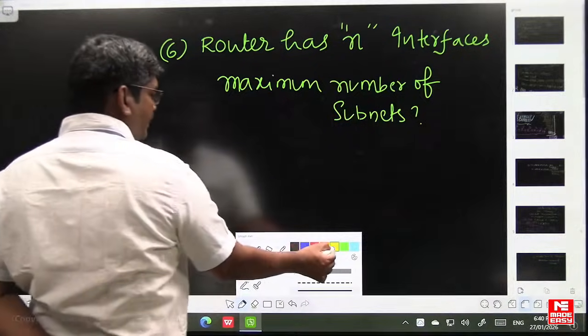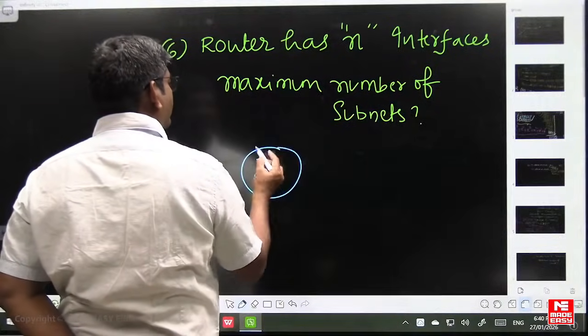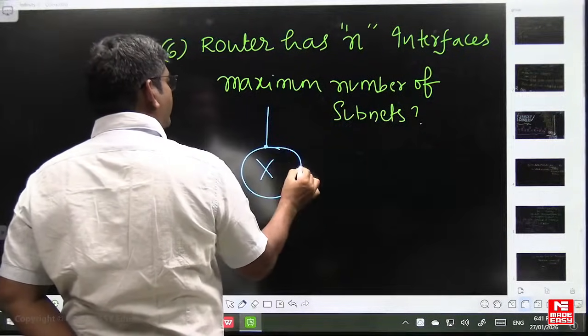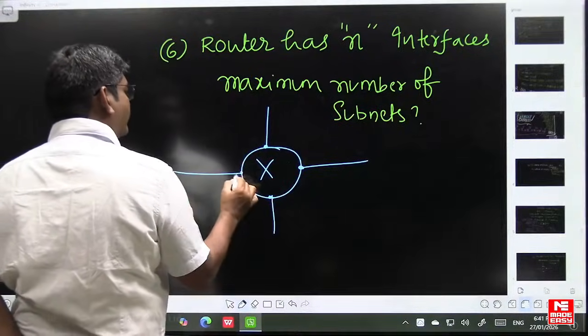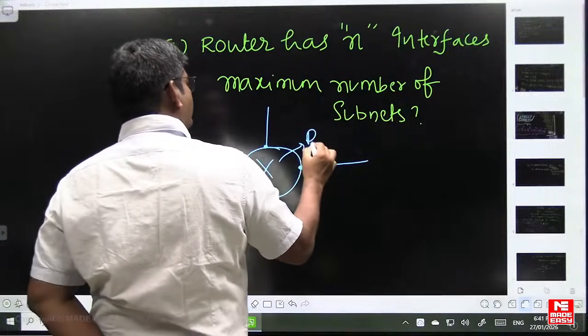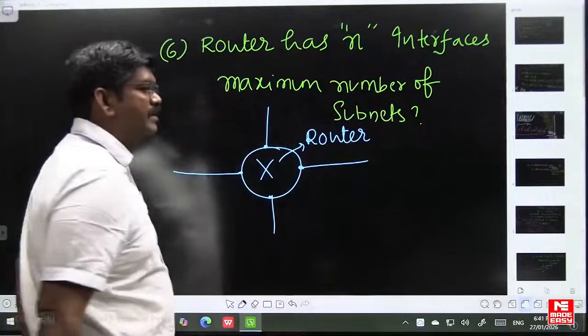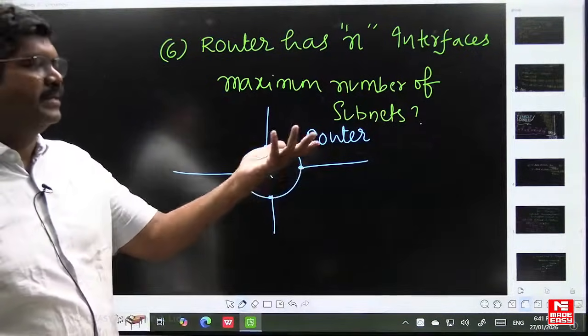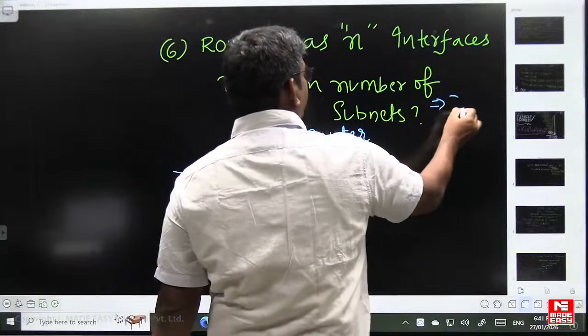See, basically here the concept is, if I have taken a router, here there is one interface, here there is one interface, there is one interface. So when router has n interfaces, then n subnets are possible. So here the maximum number of subnets will be n.